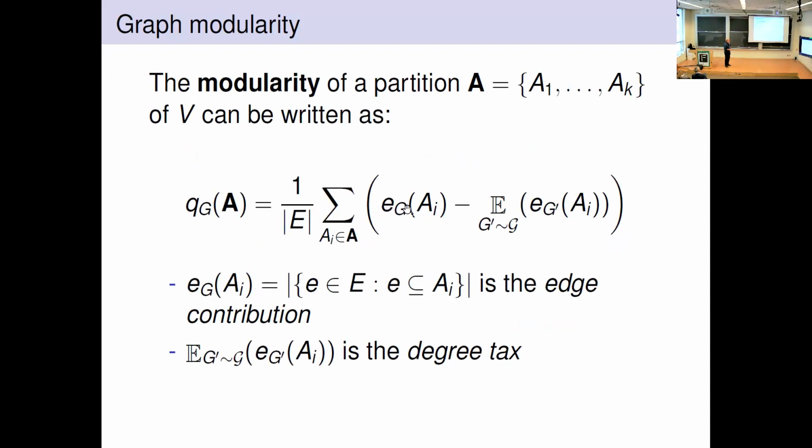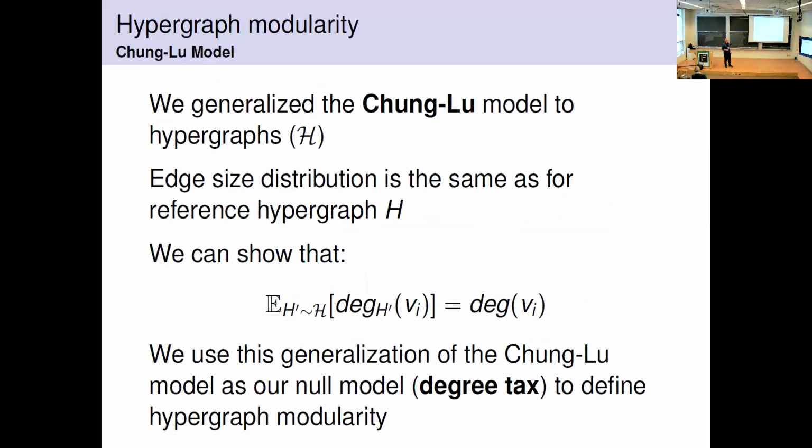This is what you call the edge contribution, that's the first part, minus the expected value of this term under the Chung-Lu model, okay? And we refer to this sometimes as the degree tax if you want. It has some properties, some advantages, some disadvantages, but we're not going to go through that today. Let's just say it's a very commonly used objective function for clustering graphs.